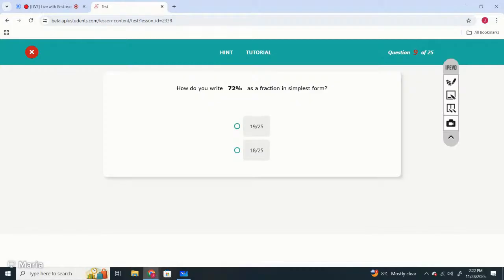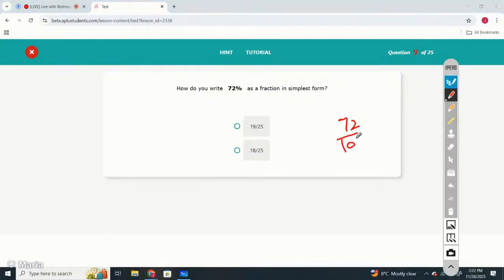How do you write 72% as a fraction in simplest form? 72%, right? So write 72 as 72 by 100.